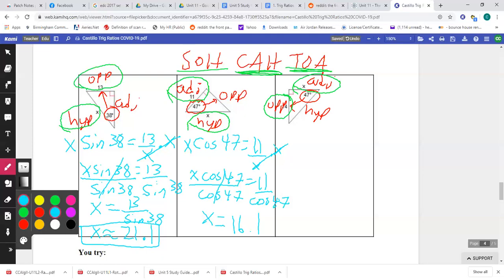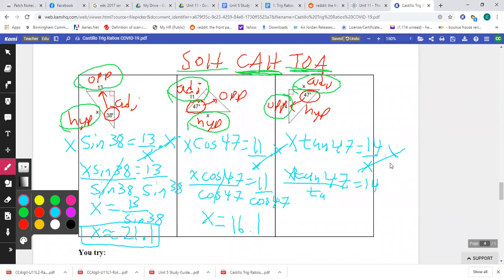So this is going to be tan 47 is equal to opposite, which is 14, over adjacent, which is x, and then I multiply both sides by x. So I get x tan 47 is equal to 14.